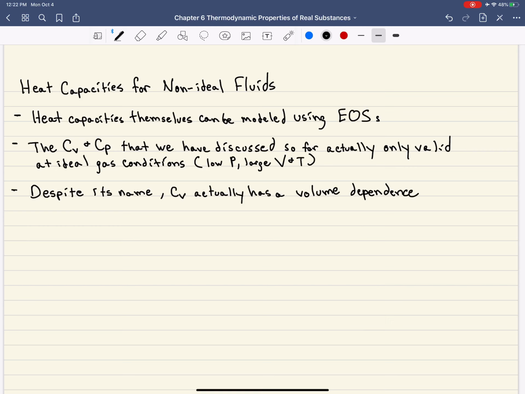And so to demonstrate this to you, what I want to do is take your constant volume heat capacity, and then take the partial derivative of it with respect to volume. And we're going to hold it at constant temperature. Right? Now we know that based on the definition of a constant volume heat capacity, it's actually just dU/dT at constant volume, right?